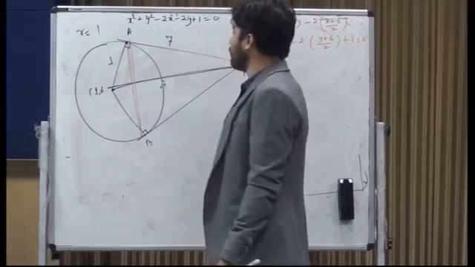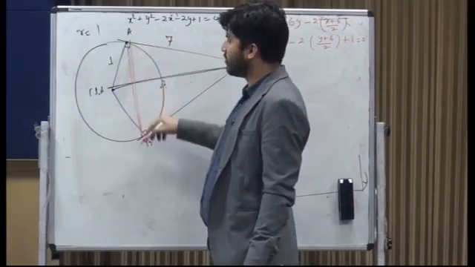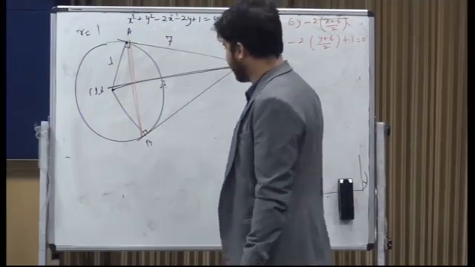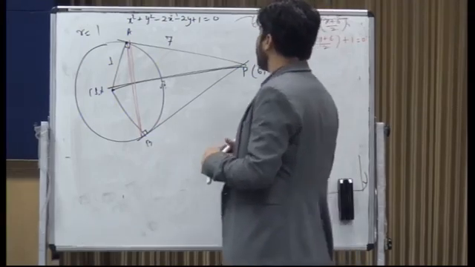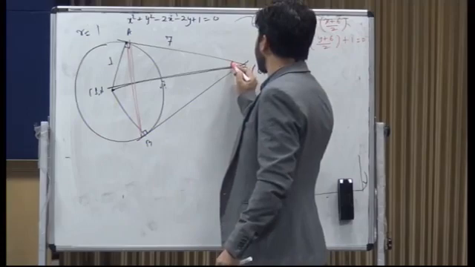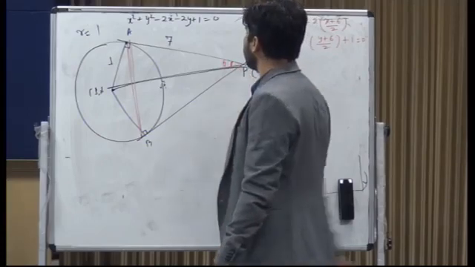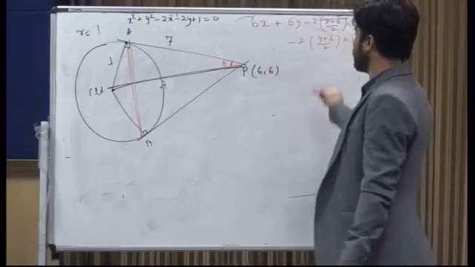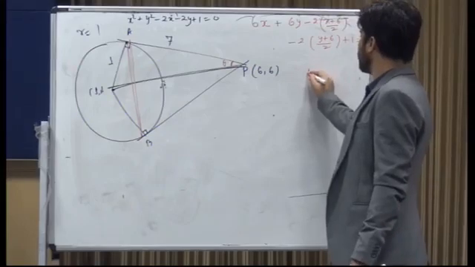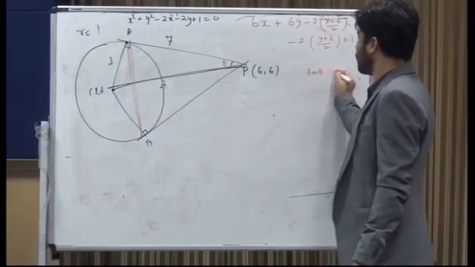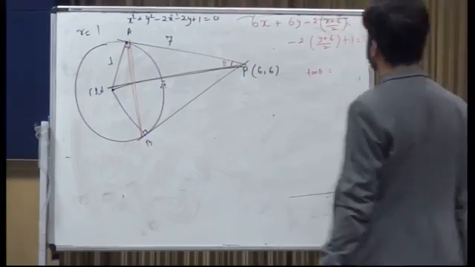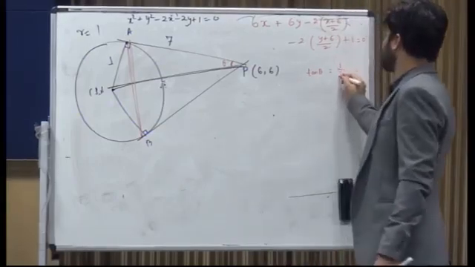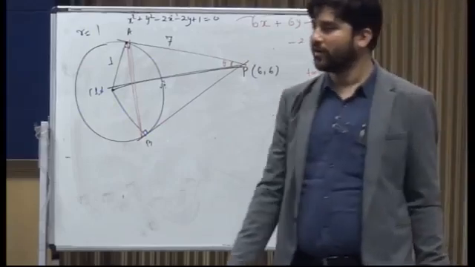Now they want you to find the length of AB. Just tell me if this angle is theta. This angle is, so what is tan theta? That is 1/7.